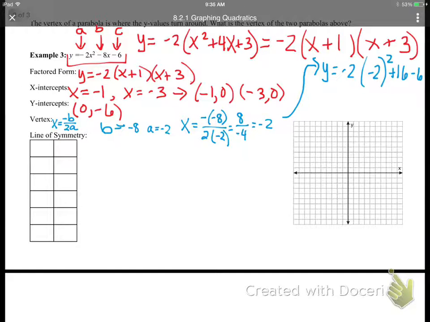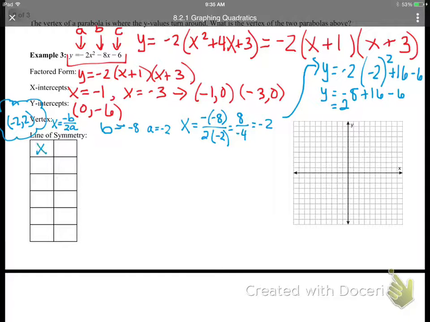If I add those terms up, -2 times (-2) squared is -8, and then plus 16 minus 6, and when I put those all together, I get 2. So when I write my vertex, it's -2 for my x value and +2 for my y value.